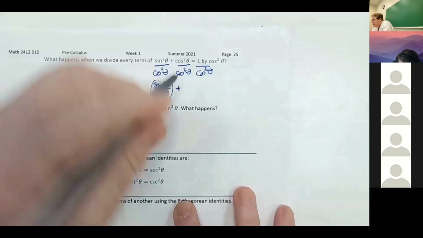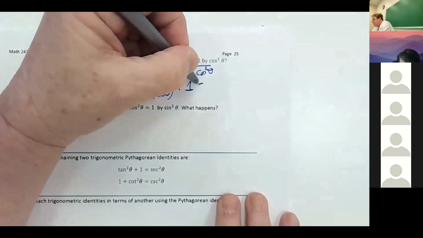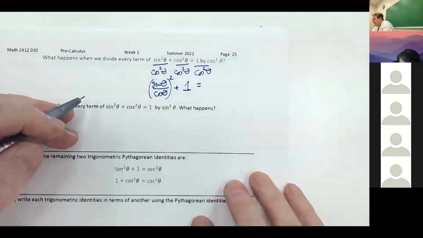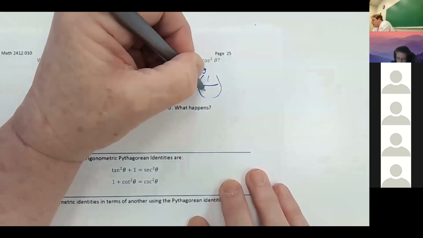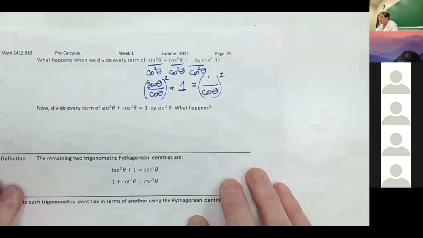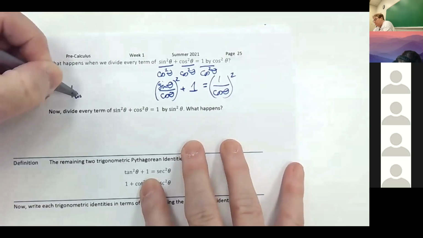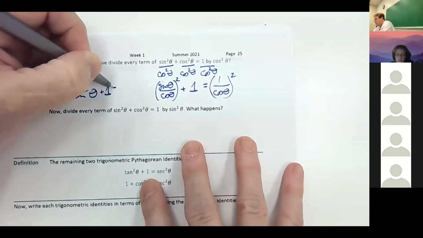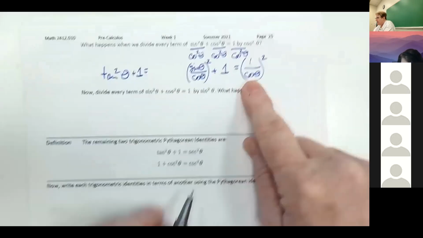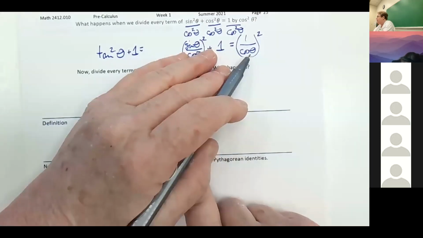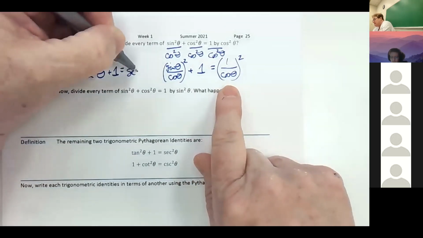And I'm adding, what is cosine squared theta divided by cosine squared theta? Yes, absolutely. And I'm going to write 1 over cosine squared theta as 1 over cosine theta squared. And how can I rewrite this now? The secant goes with cosine and the cosecant goes with sine. They always mix it up. So it'll be the secant squared theta.